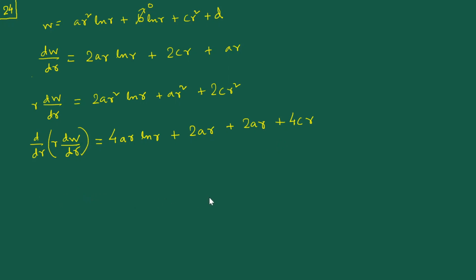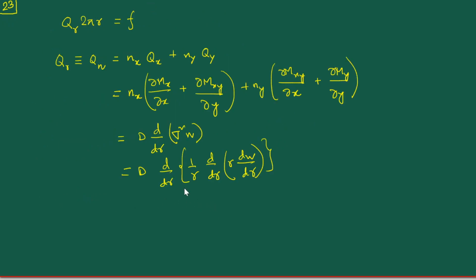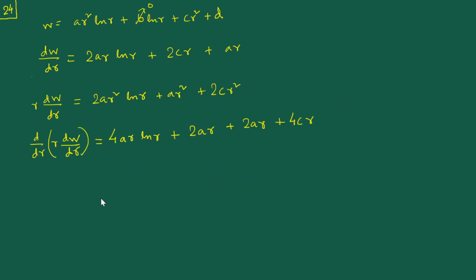And let me just check. So I have completed up to this d/dr. I need to do a 1 by r. If I do a 1 by r here directly, so that goes, that goes, that goes, and that goes.